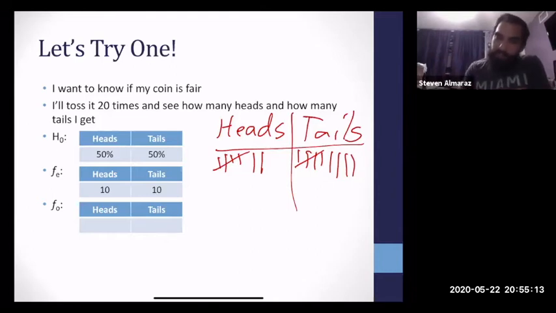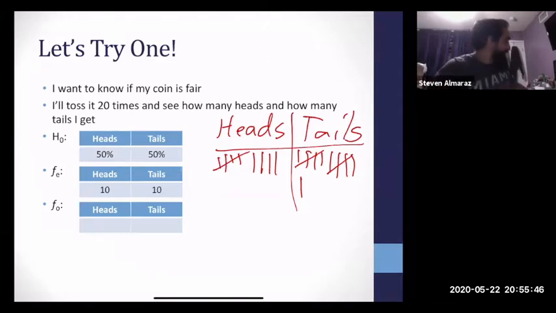Nice. I'm just going to have to lie. Well, that was heads, but I'm going to pretend it was tails for the purposes of this example.